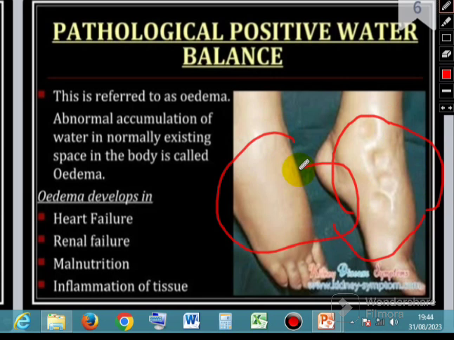Alright? So one of the commonest signs to note when someone is having heart failure or renal failure is swelling of the feet.